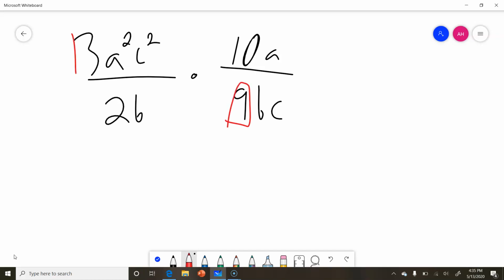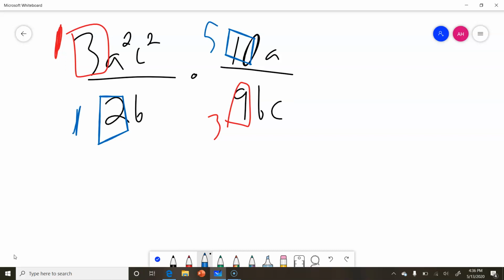There's a 9 and there's a 3, right? 3 goes into 9 1 out of 3 times, right? And then this 5 down here goes into the 10 1 out of 5 times, right? This 2 goes in that 10 5 times. So now I multiply the 1 times the 5 up here, and I get 5 over, and I do 1 times the 3, 3. So that's the first part.